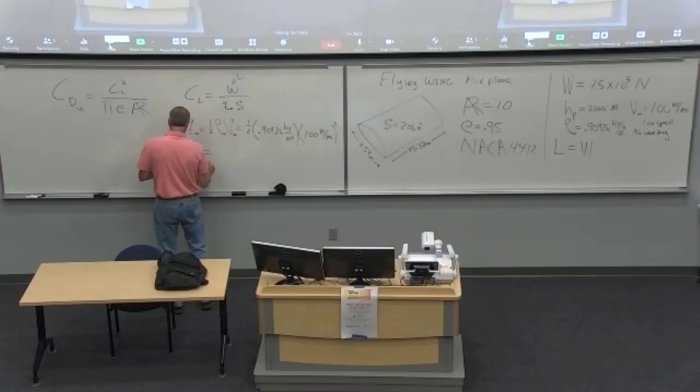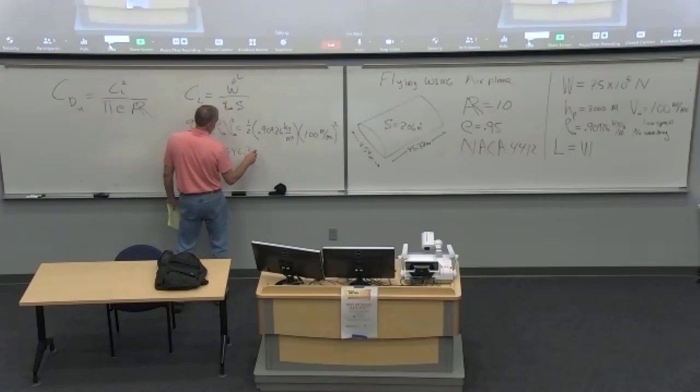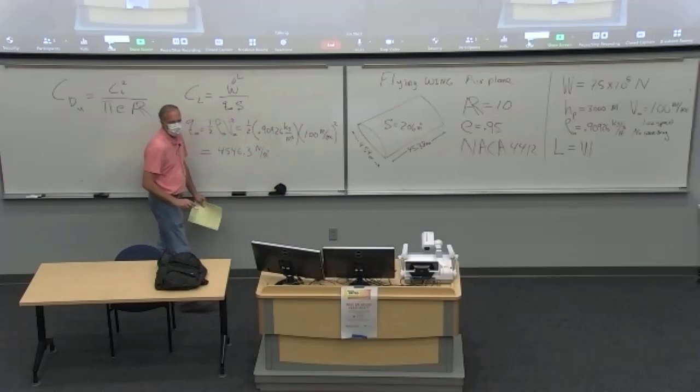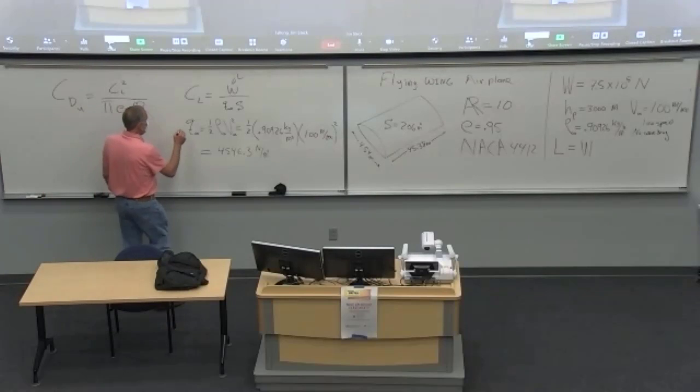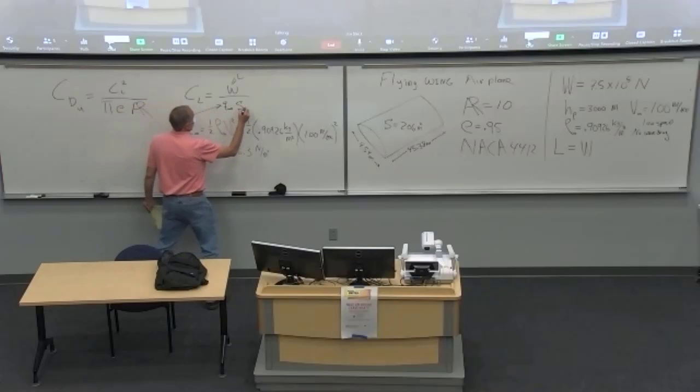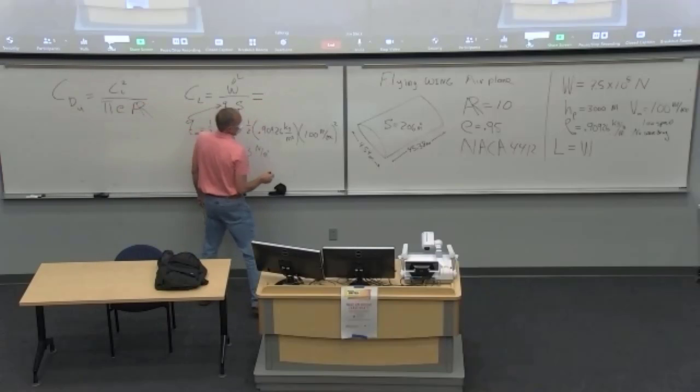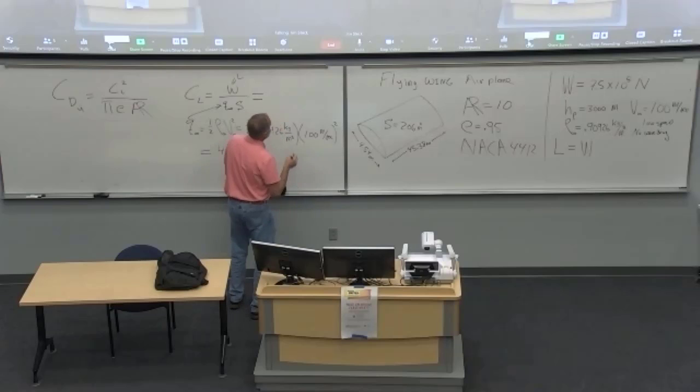The dynamic pressure, punch that in the calculator. And that's newtons per meter squared, right? So pressure. So now we can stick that number up here. And our weight was a whole bunch.